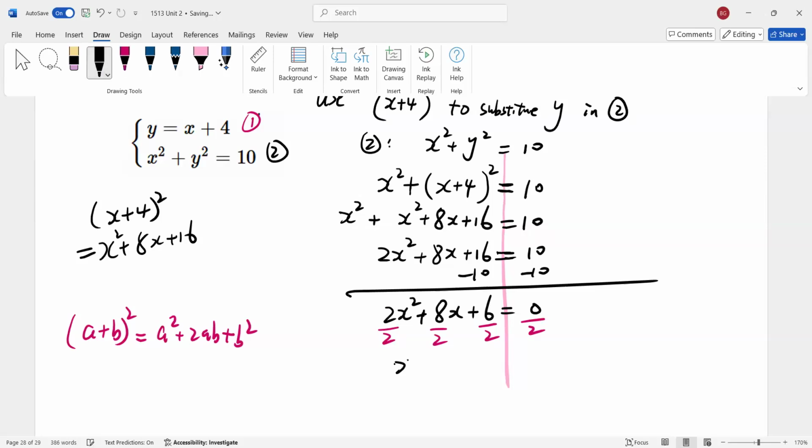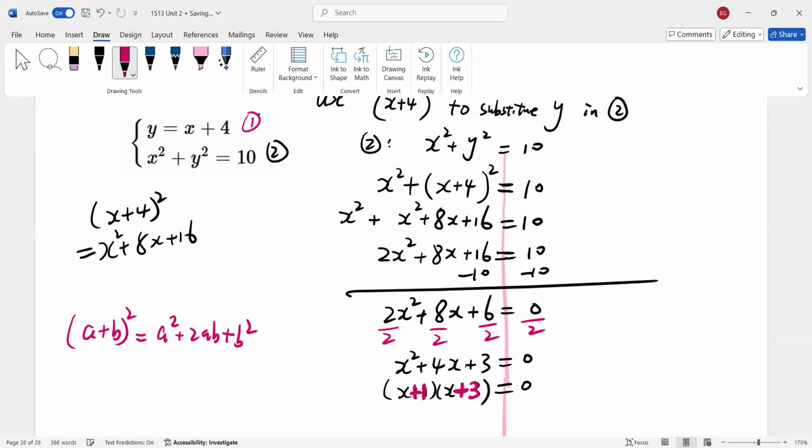Then we would have x squared plus 8 over 2, which is 4, half of 8 is 4, plus half of 6 is 3, equals 0, right? And then this one is easy to factor. The left side can be factored as x plus 1 and x plus 3, because 1 and 3 multiply to 3 and add up to 4.